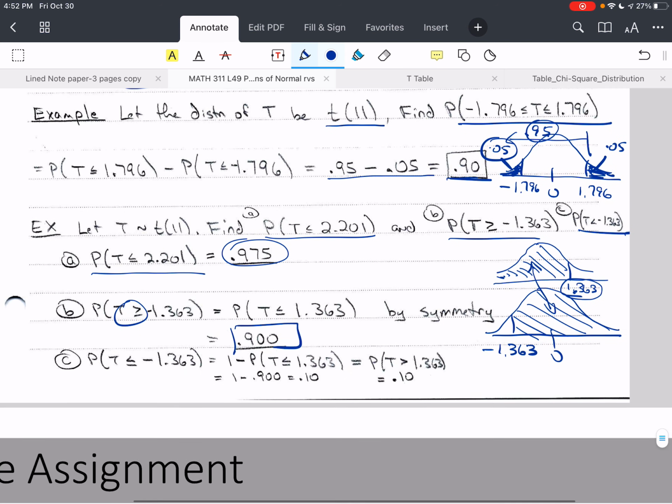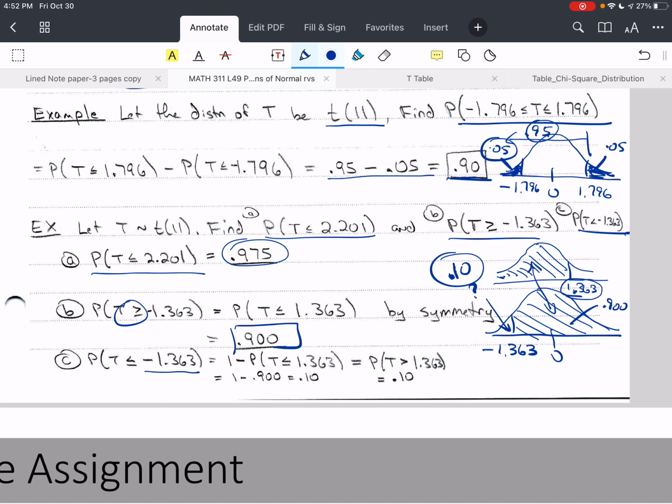Okay. Now, to find the probability that T is less than negative 1.363, then I can look at the unshaded portion here, and I know that this portion is 0.9 from the previous problem. So this portion has to be 0.10, because again, they have to add up to 1. Now, if we hadn't done the previous one, this is negative 1.363.